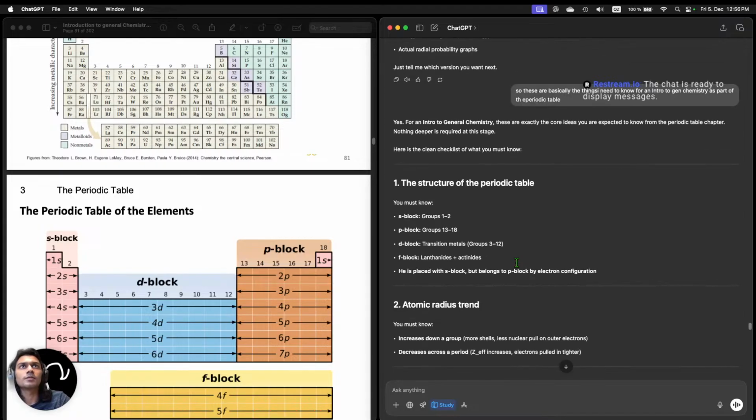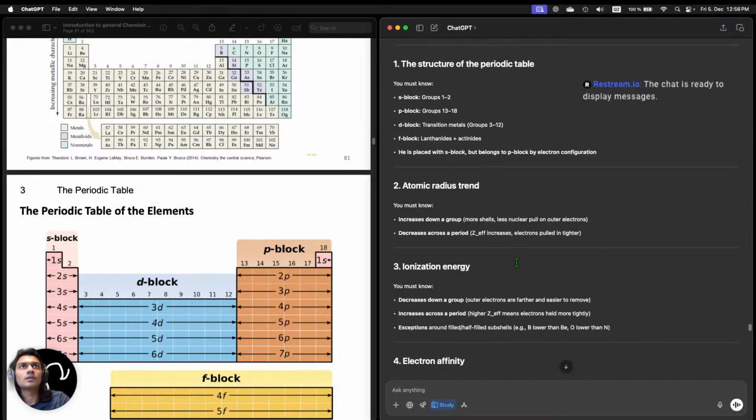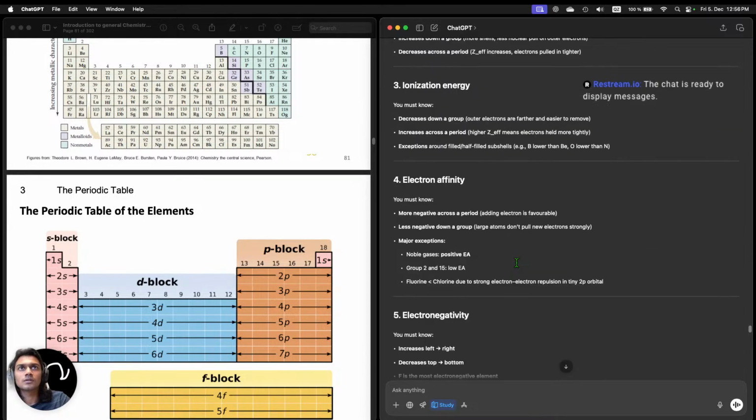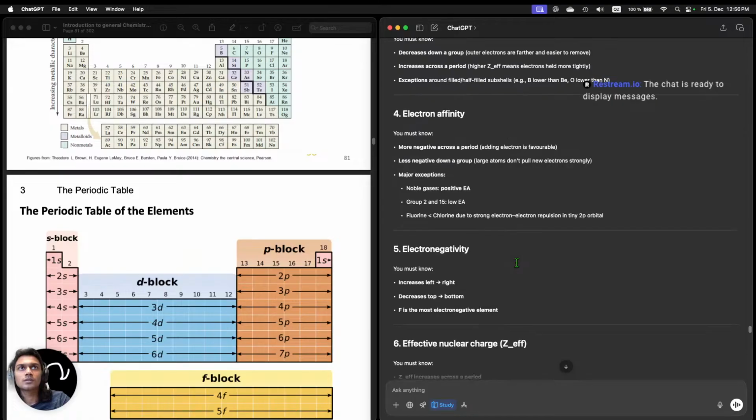The structure of the periodic table. Ionization energy. Oh, I forgot electronegativity.